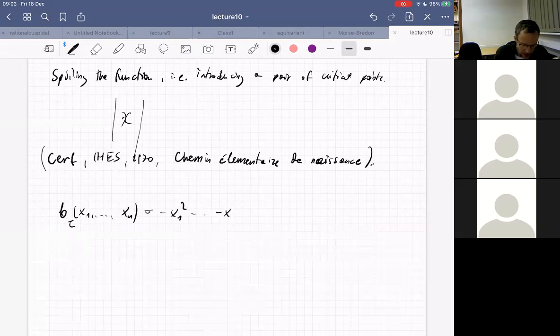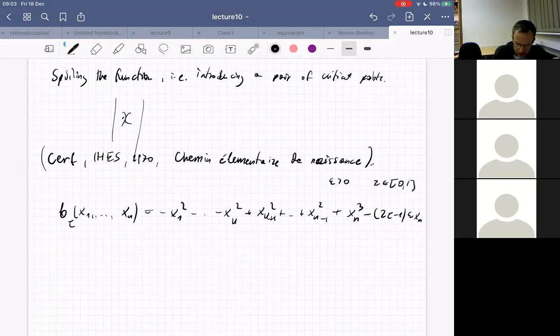I will call it B_tau with subscript tau: minus x_1 squared, ..., plus x_k squared plus x_{k+1} squared plus ... plus (x_n minus 1) squared, and now x_n cubed minus 2 tau minus 1. Let's put epsilon x_n, where epsilon is a parameter, and tau is in [0, 1].